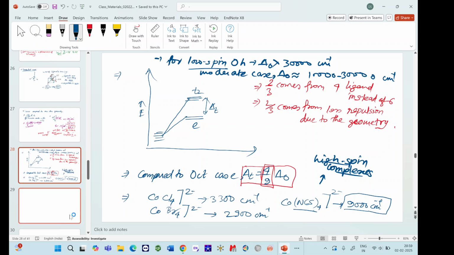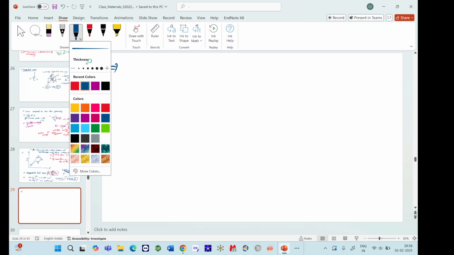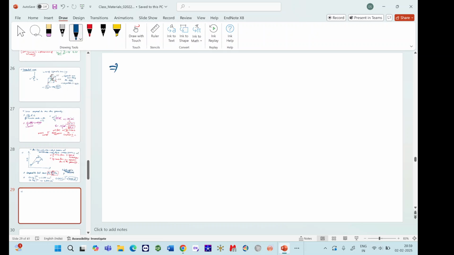I think there is one part that is just started, but I will not discuss it much more now. That is called spinel. This is a special type of structure represented by this formula. It is called AB2O4.